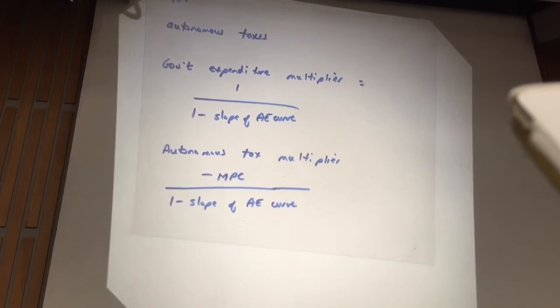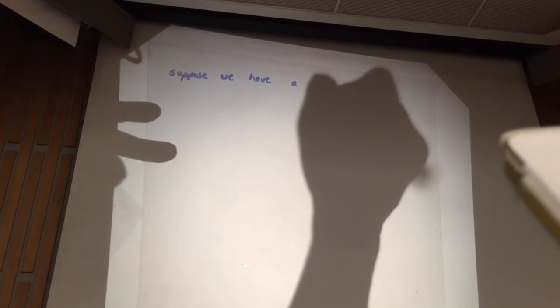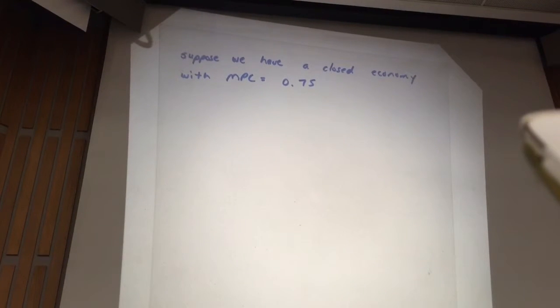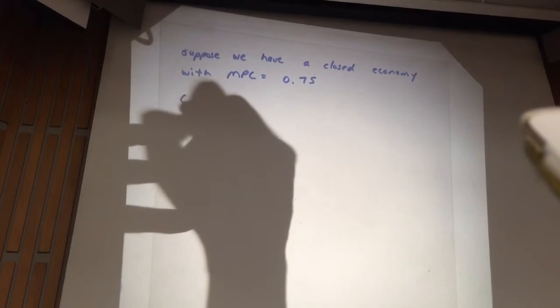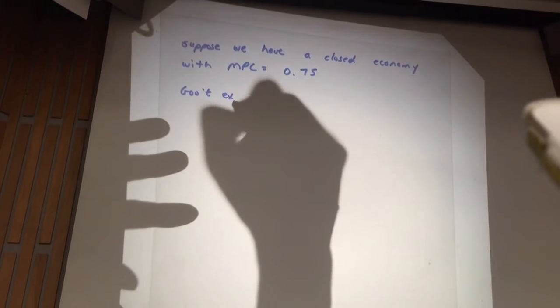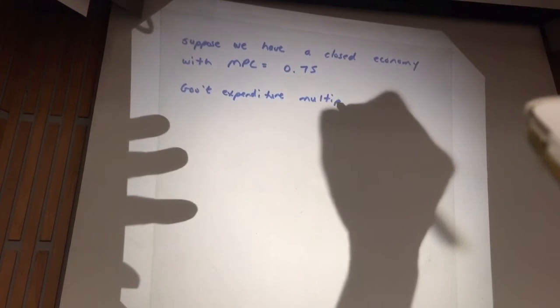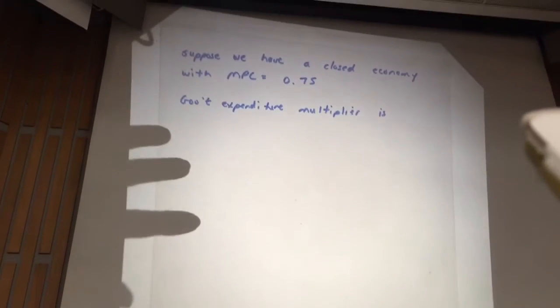So let's have a look at this. Suppose we have a closed economy with MPC equal to 0.75. The government expenditure multiplier is what?